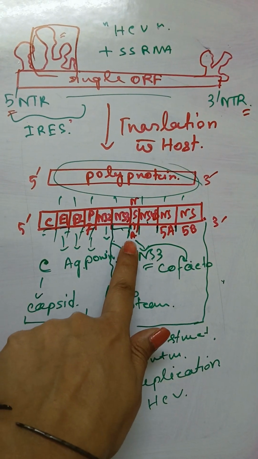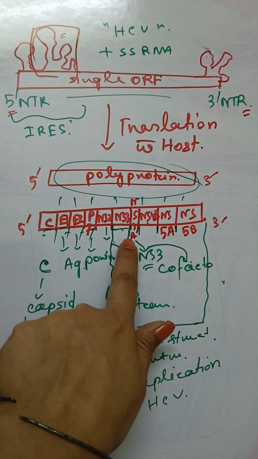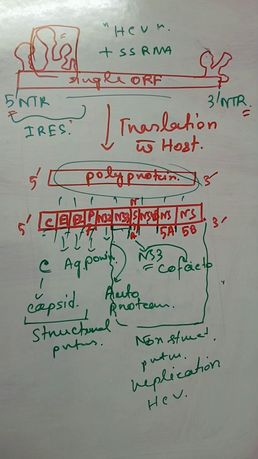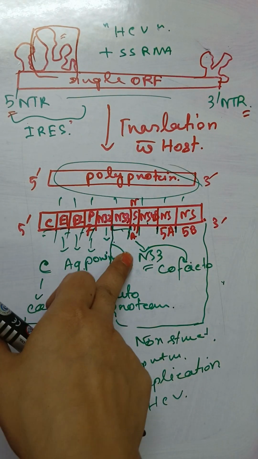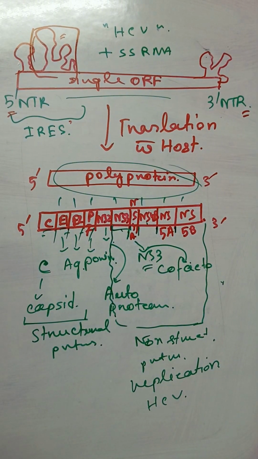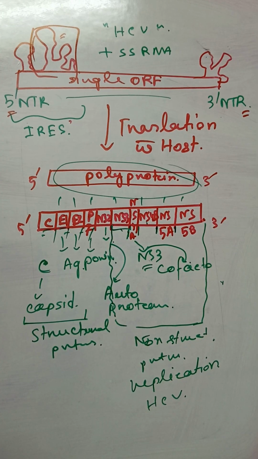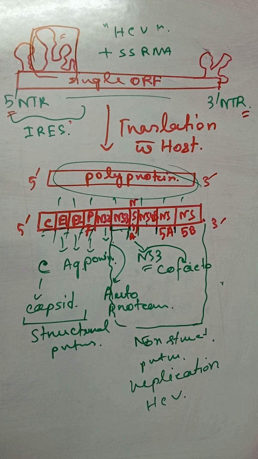All these junctions, starting from here to here, are cleaved off by NS3. And once NS4A, the cofactor of NS3, has been cleaved off, it becomes free. Whenever it becomes free, it always makes a bond with the N-terminal domain of NS3.